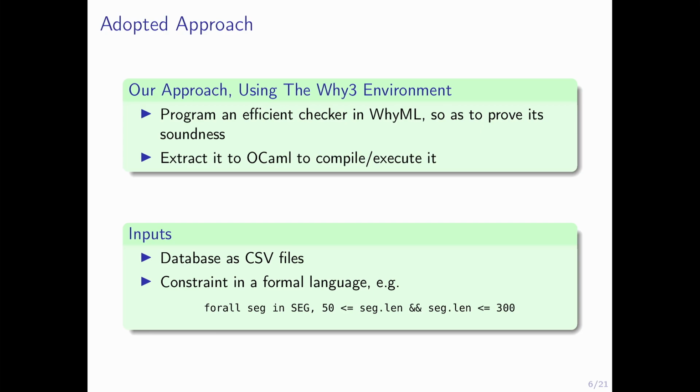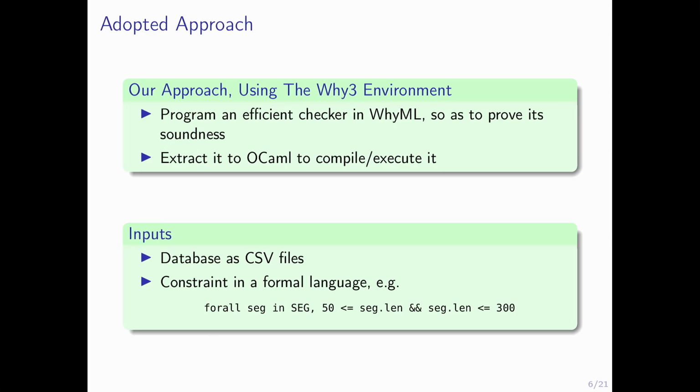In my group, we are not very familiar with Dafny, but more with Why3. So we think it's a perfect application for Why3, but it would be the same, of course, for Dafny: use this kind of environment to design a checker for this kind of constraint, prove it correct, and also run it efficiently.